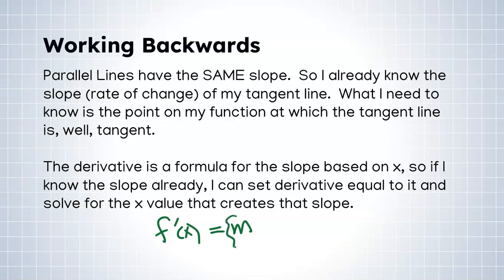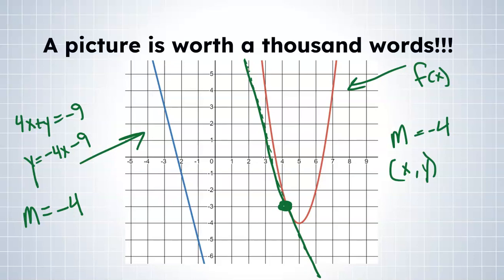But if I already know the slope of my line is negative 4, then I could set my derivative equal to negative 4 and work backwards to solve for x. X is the point of tangency right here. That's my x value that I'm trying to find. And if I find that x, I could plug that into my function to get y, and boom, I'll have the point that I need.